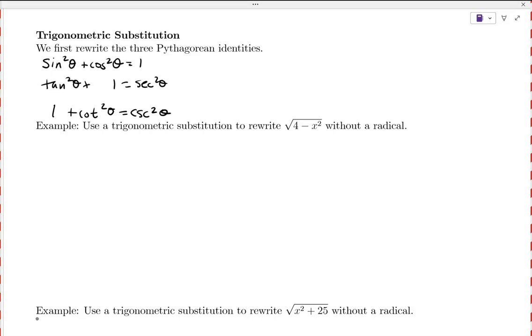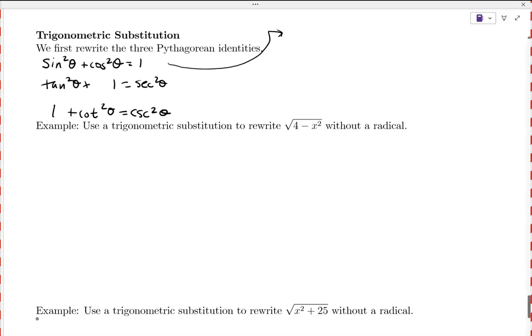Okay? So we're going to take these first 2 Pythagorean identities and rewrite them in a form so that we can substitute one thing out for a perfect square. So the first thing I mean is let's look at this one.